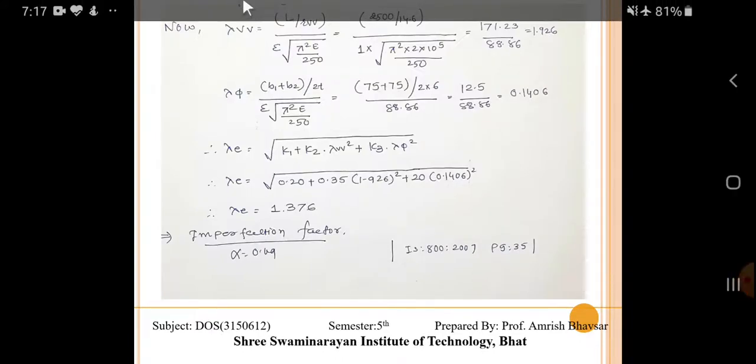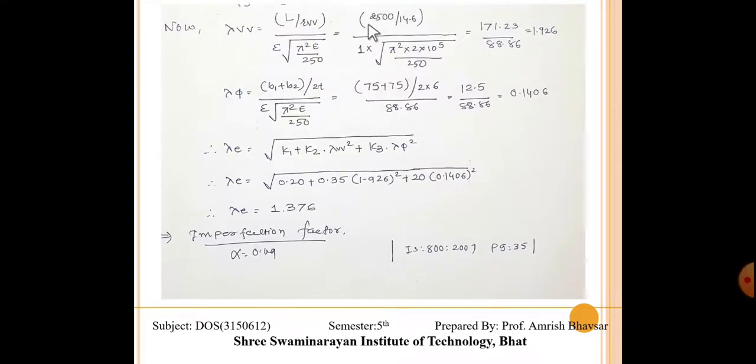Now after K1, K2, K3, we have to take lambda VV and lambda phi, and it is already calculated previously a number of times. So we will get lambda E from that section.